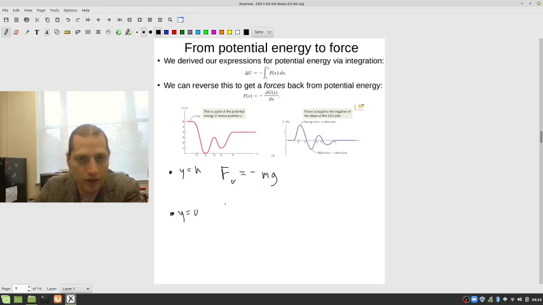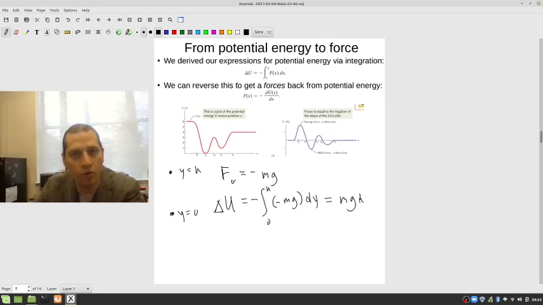And then if I wanted to find the change in gravitational potential, you'd say that was minus, as I'm going from 0 to h, integral from 0 to h of minus mg times dy. And this is a definite integral, and you can find it, and it would just be mgh. Okay, so that's where we got that out.